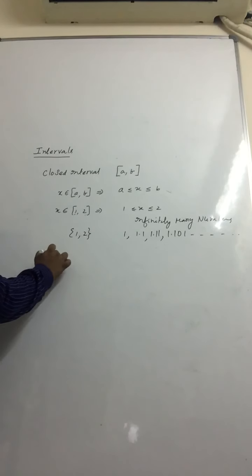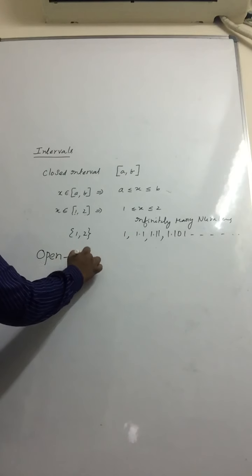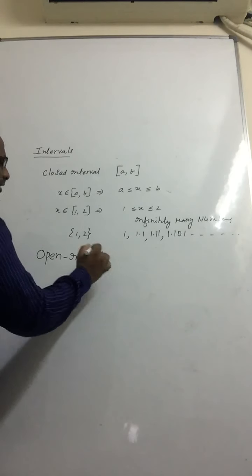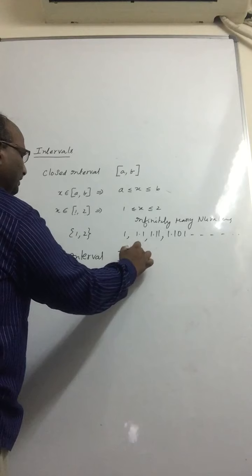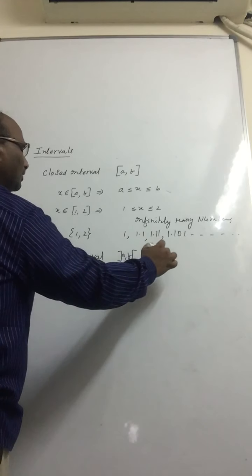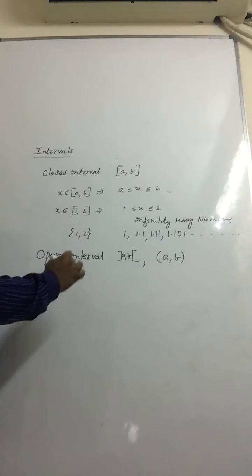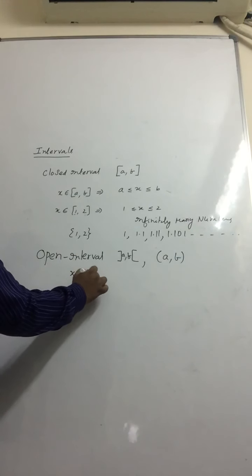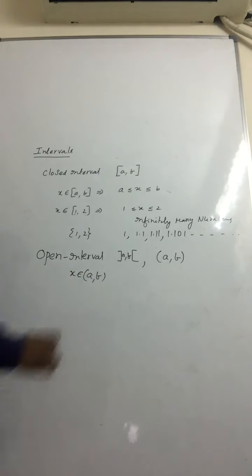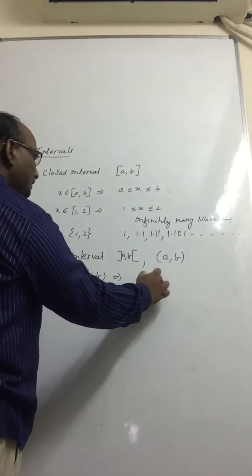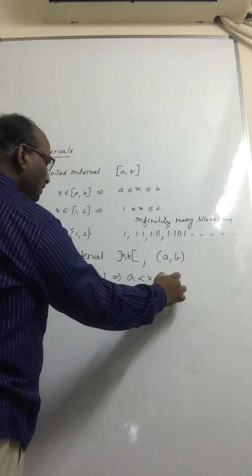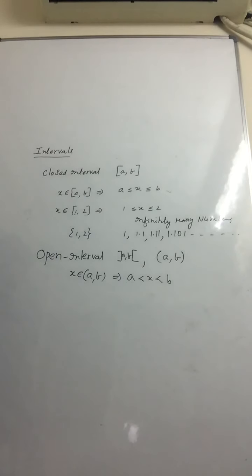So next is the open interval. Some books write it like this, (A, B), but many books follow this notation, ]A, B[.